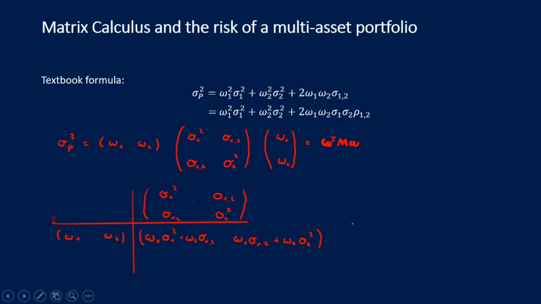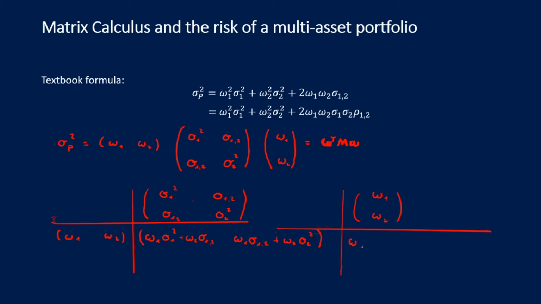And now I can multiply this vector again by this vector. So I have to multiply this part times W1.